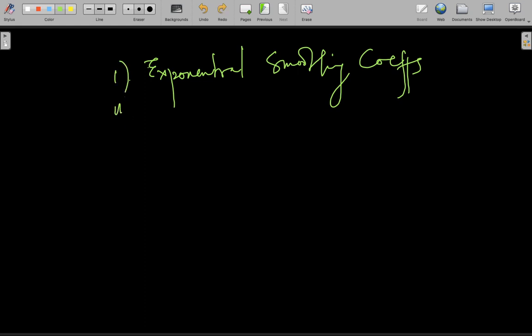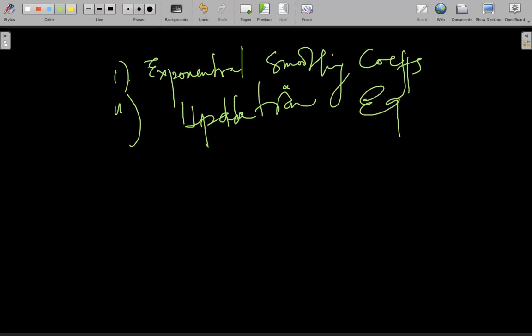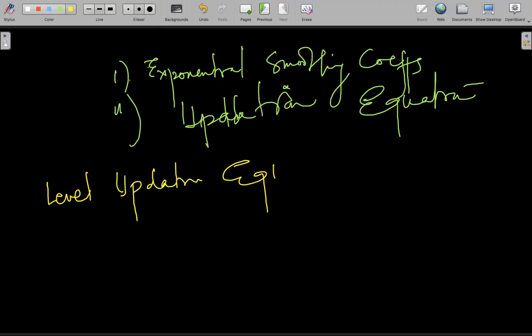Basically, we have level, trend and seasonality, so we'll have 3 types of updation equation. Let us write down first the level updation equation.